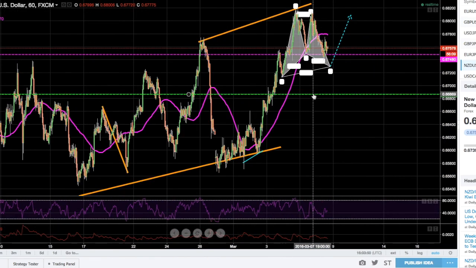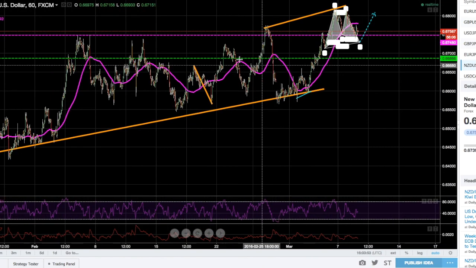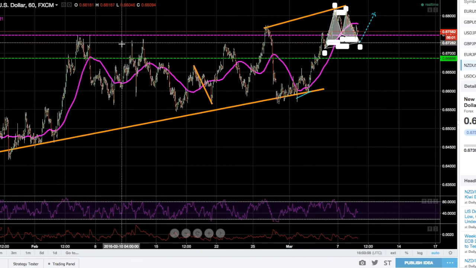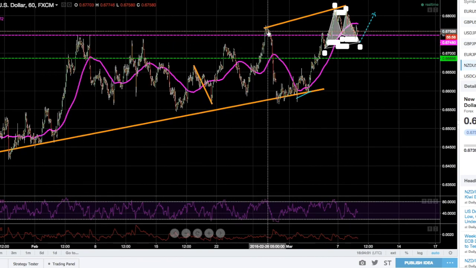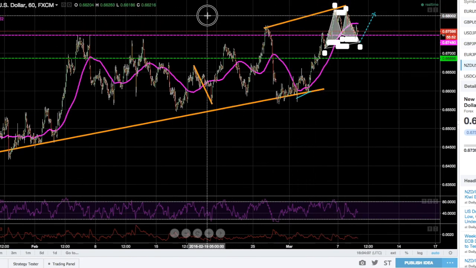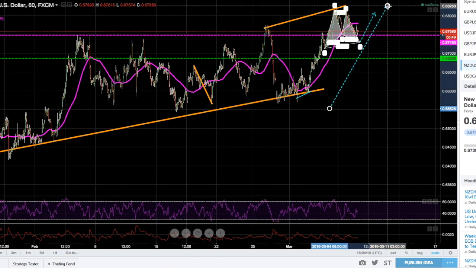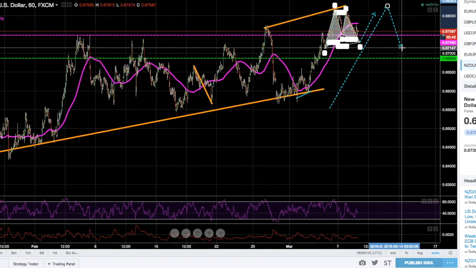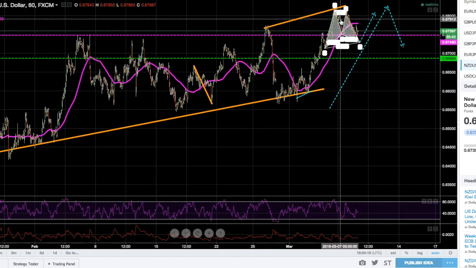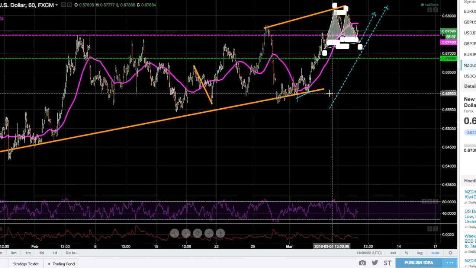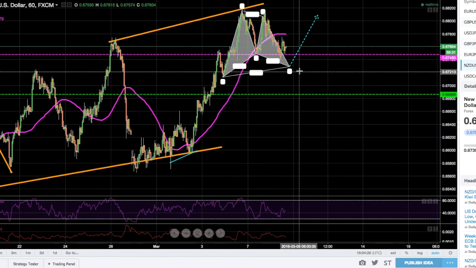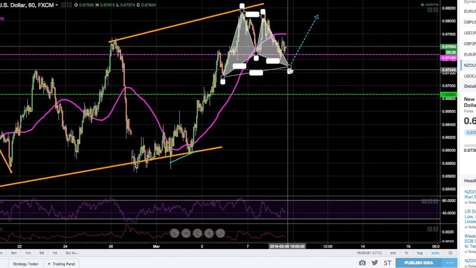As you can see, this area right here has been respected time 1, 2, 3, 4, 5, a little fall right here, 6, it breaks through, and as we know, when our resistance is broken, we immediately consider it to become a support. So with this pattern right here, we are going right into previous structure or our previous resistance level, hoping that this will bounce off that.